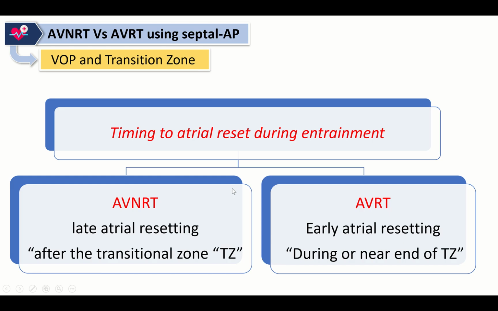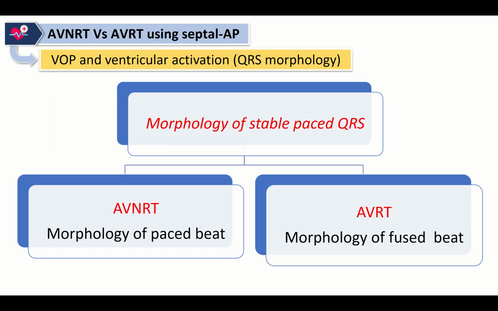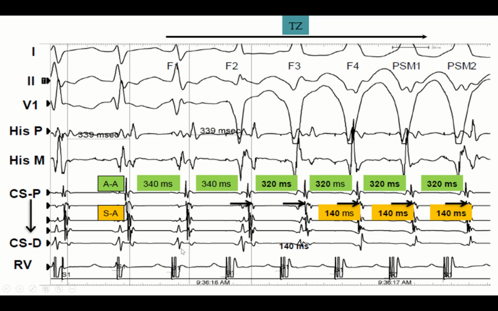It's a late atrial resetting, and we reach the resetting after the transition zone and the start of the stable paced morphology. Next, golden rule: when we start overdrive pacing, transition zone, assess the morphology of the stable paced QRS complex. In AVRT, it is a fused morphology, fusion between the tachycardia and the pacing beats. However, in AVNRT, it is only paced beats.